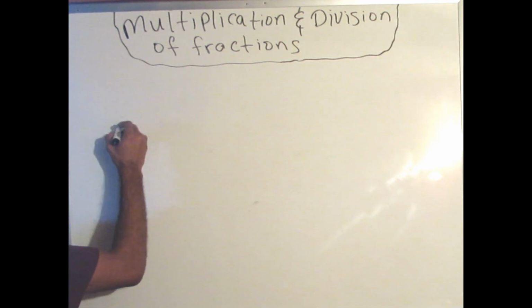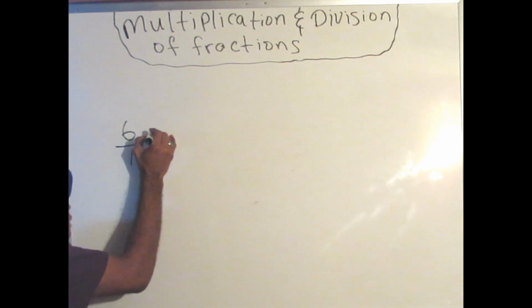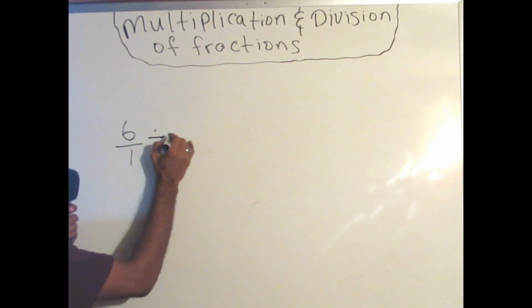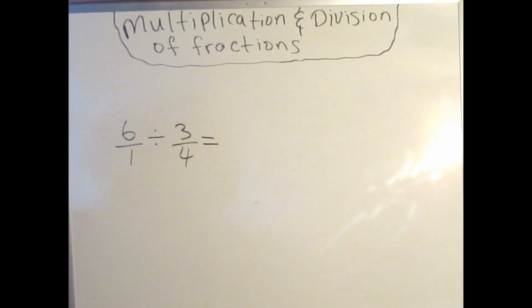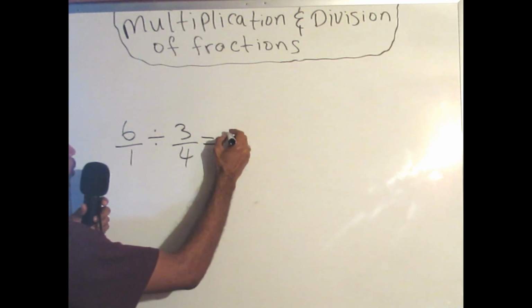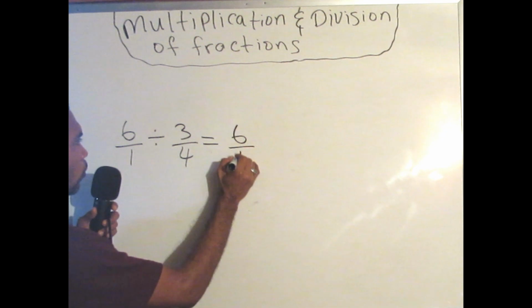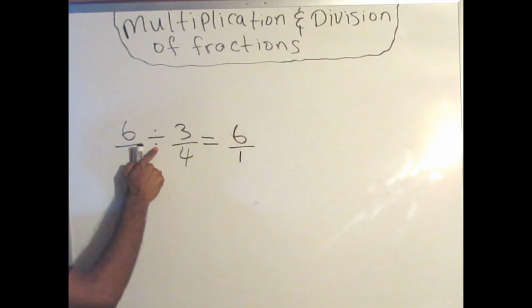Let's do another example. Let's say we have 6 over 1 divided by 3 over 4. And remember, the rule is that whenever you're dividing fractions, this will lead us to multiply. So we have to multiply in order for us to get our answer. The first thing we'll do is place our first fraction, 6 over 1, here, and we'll change our sign.